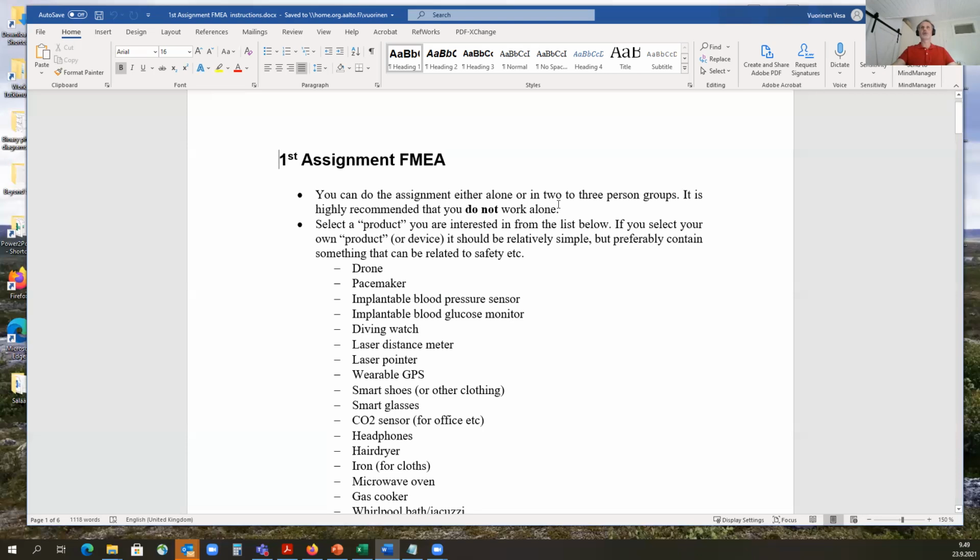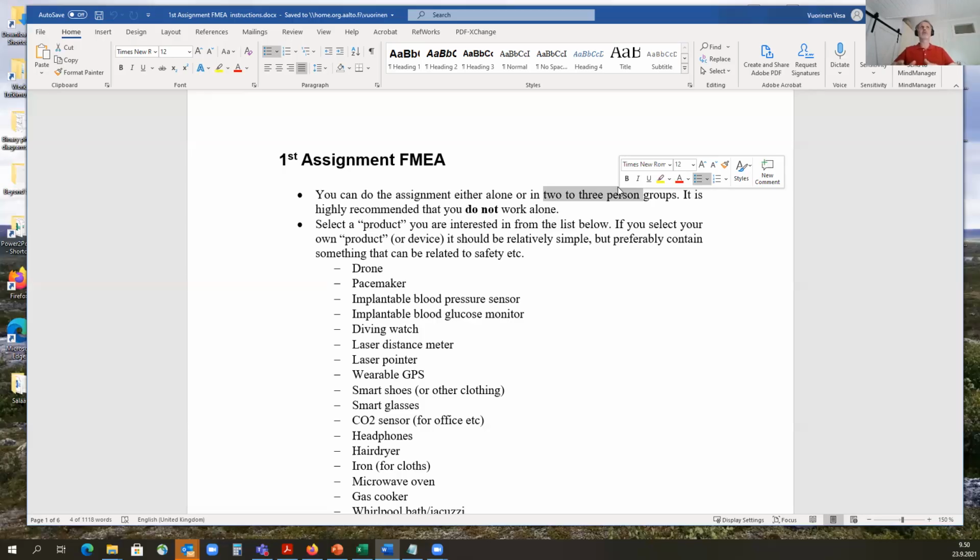I put here 2 to 3 persons, because that is typically a nice group size for this kind of thing. If you want, you can also have a larger group, but then please contact me and ask permission. Just explain what you are doing and why you want a larger group.